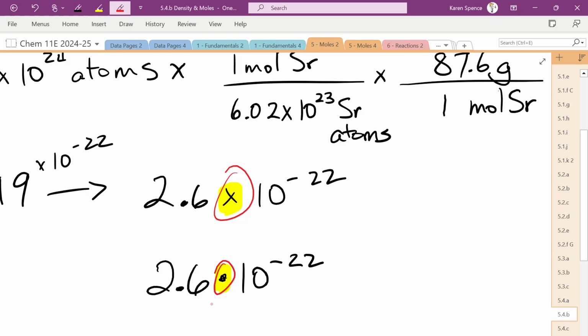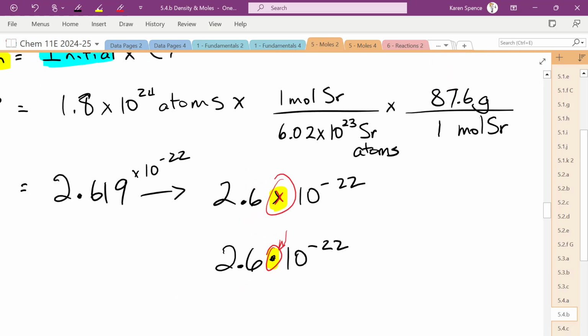So if you have a tendency to use that in the scientific notation part, maybe try to switch over to times. I don't know. It's not hugely important, but clarity is always good.